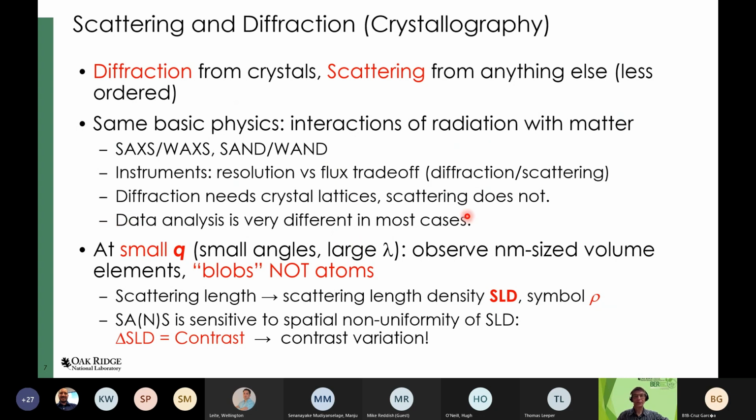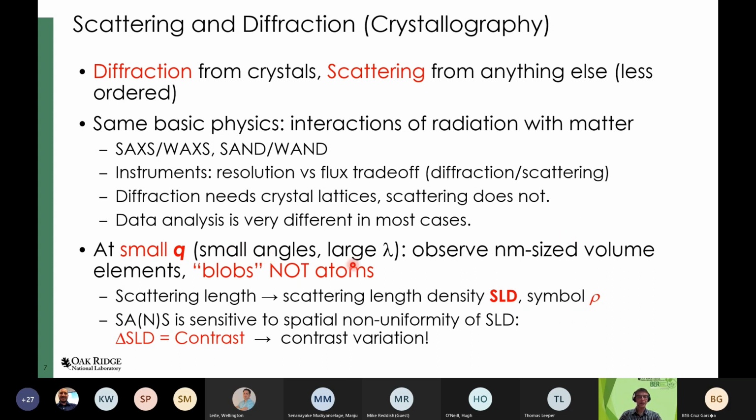You have very different systems you're working with, and data analysis between diffraction and small angle scattering is usually very different, although there are also cases of small angle diffraction, where you actually have large systems with crystalline order. Sometimes people have heard of colloidal crystals. We have colloidal particles that actually pack in a crystalline order, which then resembles that of an atomic lattice, but at much larger distances, then you get small angle diffraction, really.